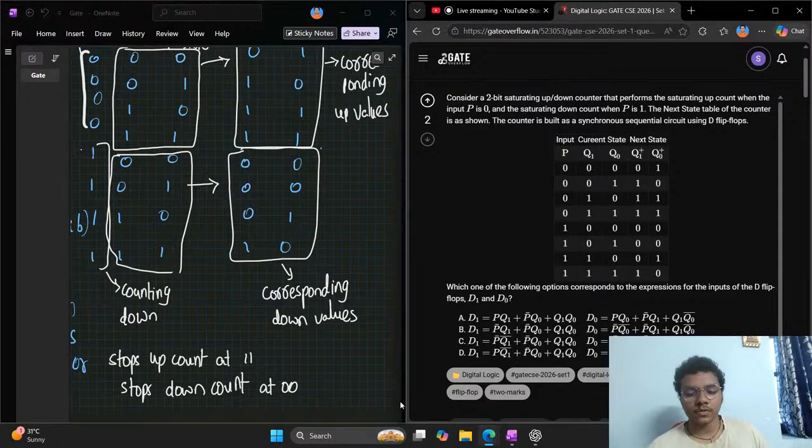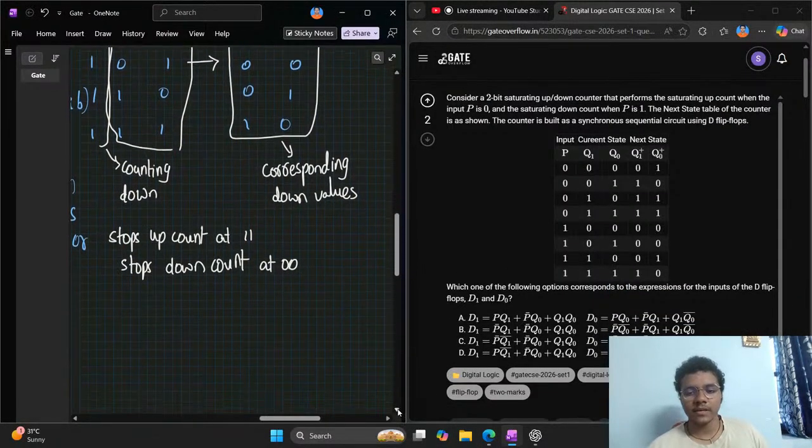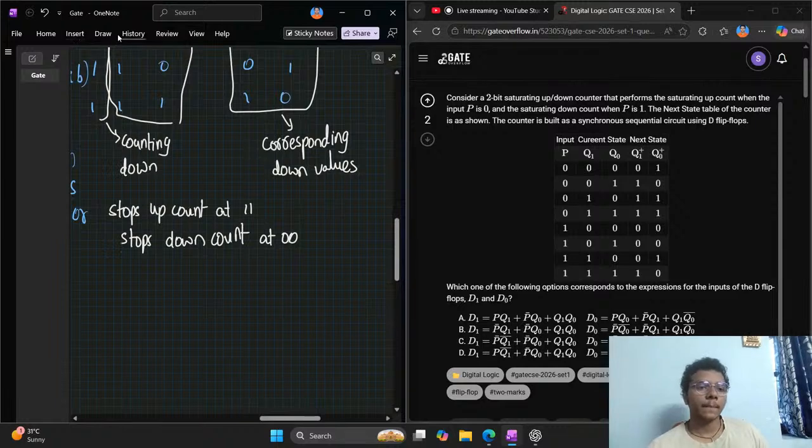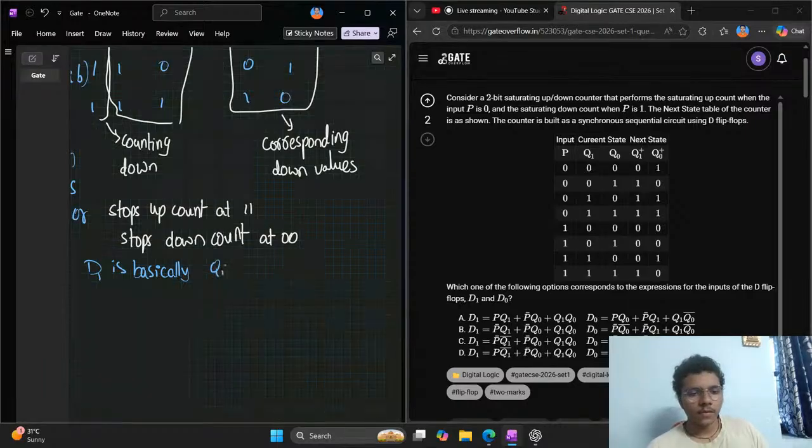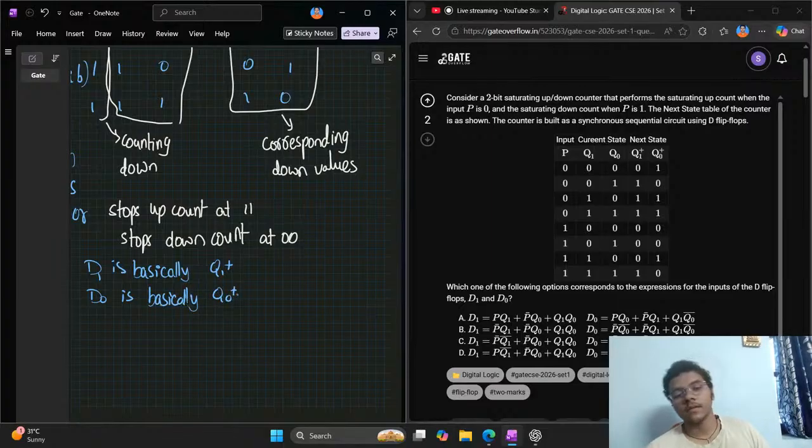Now we are supposed to make a transition table. D1 is basically Q1 plus. D0 is basically Q0 plus.